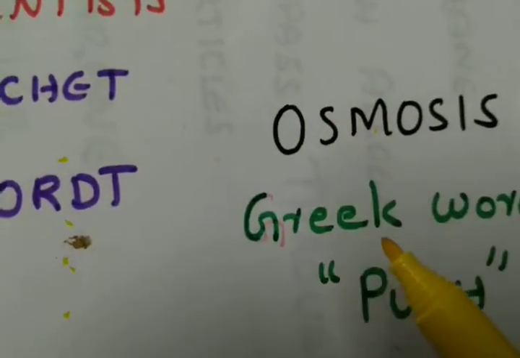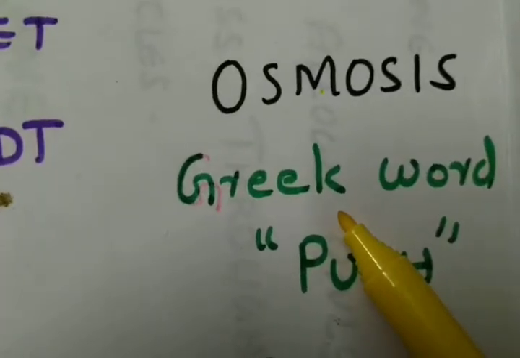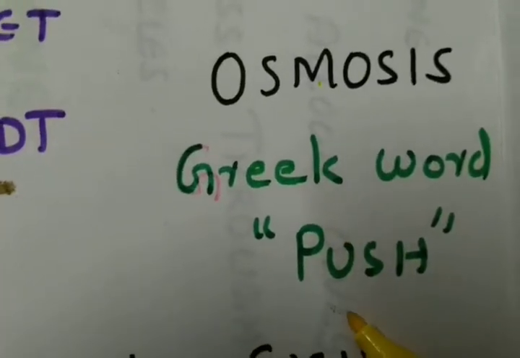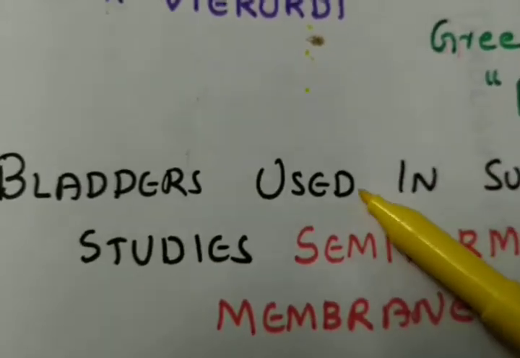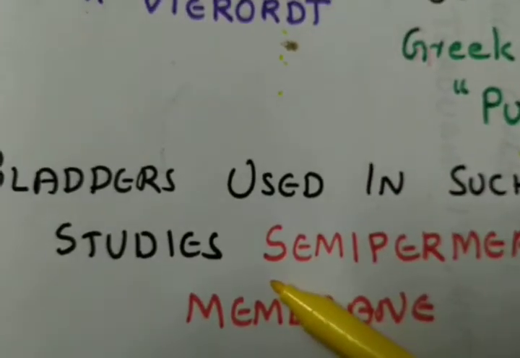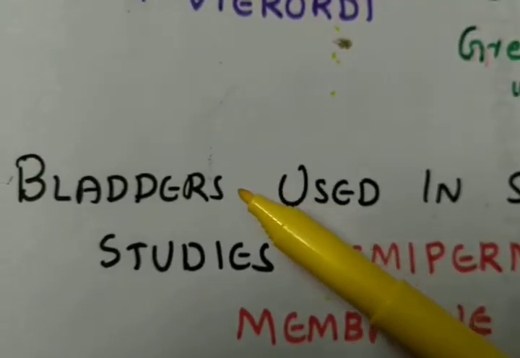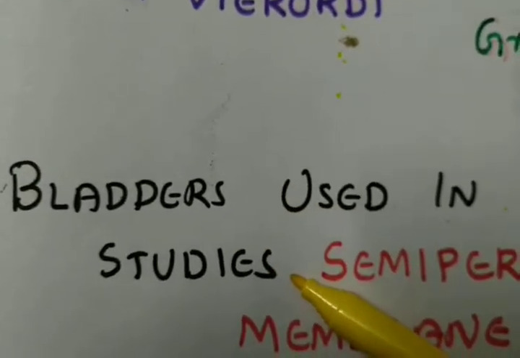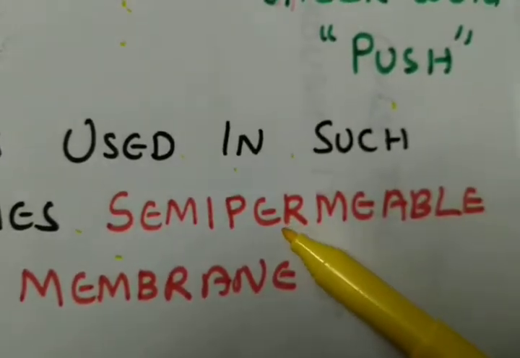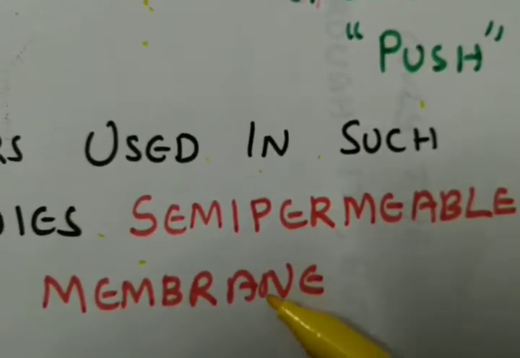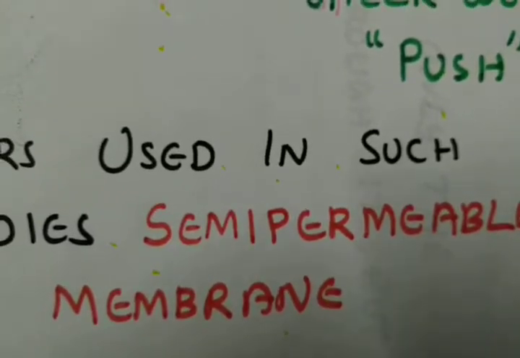The term osmosis is derived from the Greek word that means push. Bladders used in such studies of osmosis are generally called semi-permeable membranes.